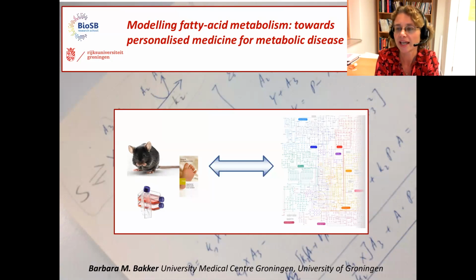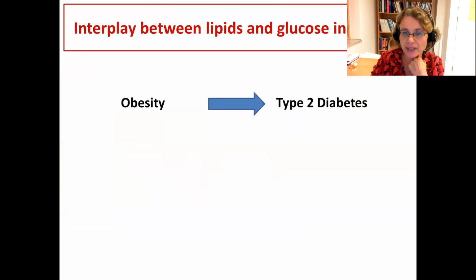So what I will do today is discuss our long-going effort by now on modeling fatty acid metabolism in relation to disease and eventually in relation to personalized medicine for metabolic disease. In our group, and in the broader sense in our department, we are very much interested in the interplay between lipids and glucose or carbohydrates in disease.